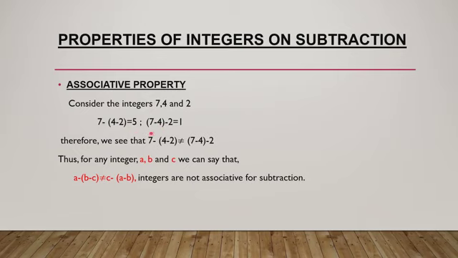But if I rearrange the numbers in a different order, my answer is different. In the first case I got my answer as 5, but in the second case, my answer is 1. That means the associative property does not hold for subtraction. So these are some of the properties of integers that we've discussed and their effect on subtraction.